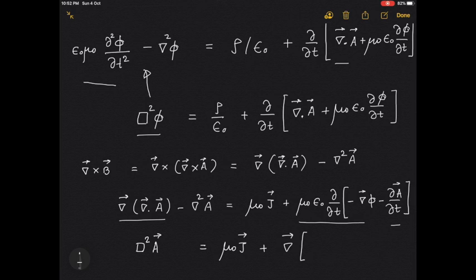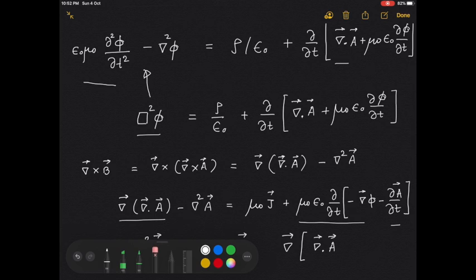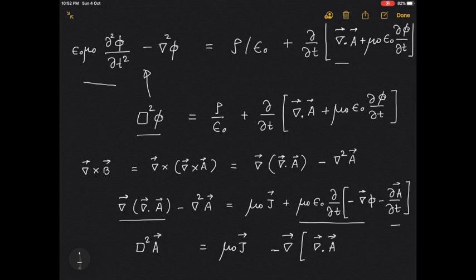Inside, what I am left with is divergence of A from that term. Well, that term has to be negative, so this should be negative. And from the other part, I have gradient of this term, which is also negative. But that is mu 0 epsilon naught del phi del t.